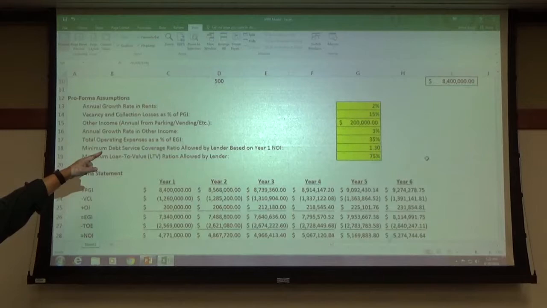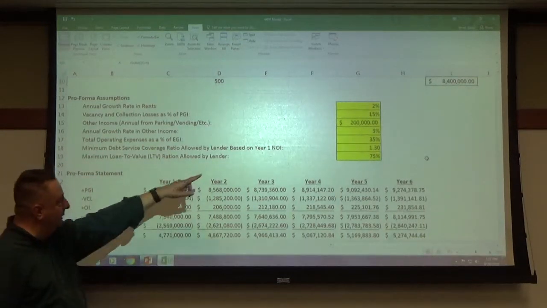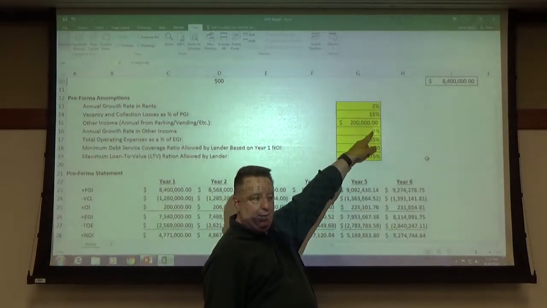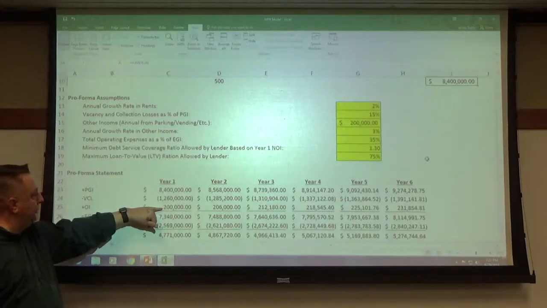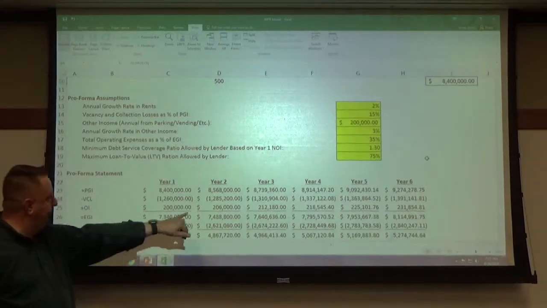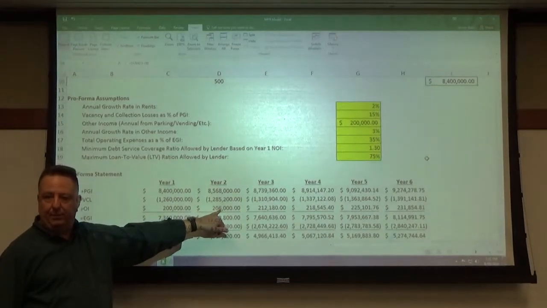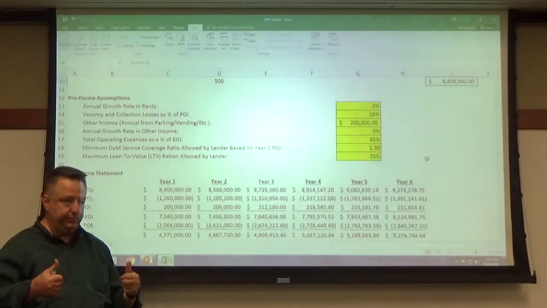Does everybody follow that? So this is growing at 3%. You would simply take 200,000 times 1.03, and that's going to give you 206,000. Make sense? Okay, good?